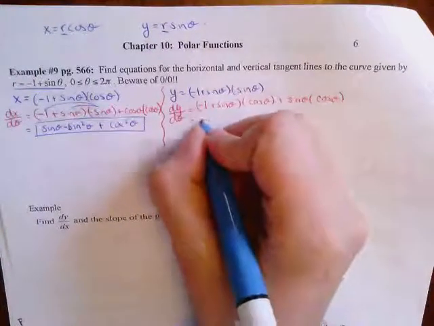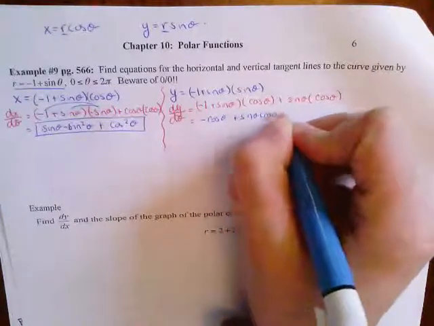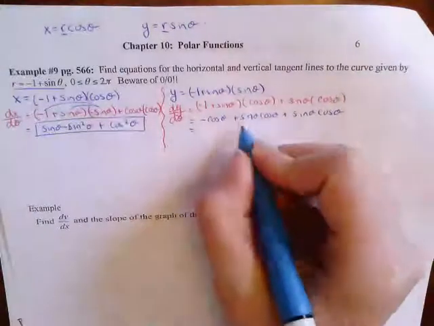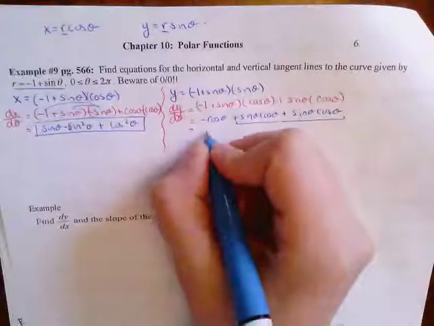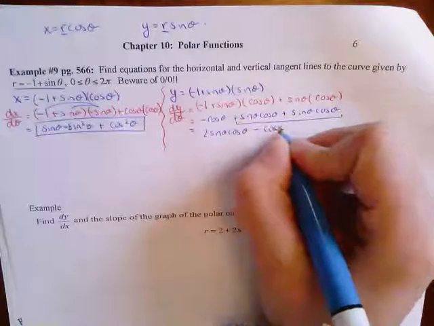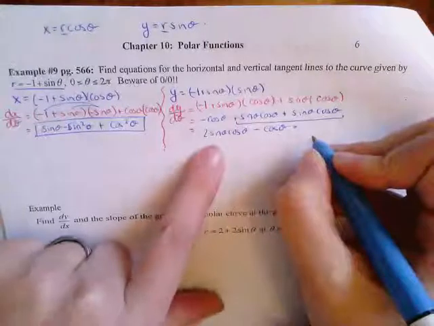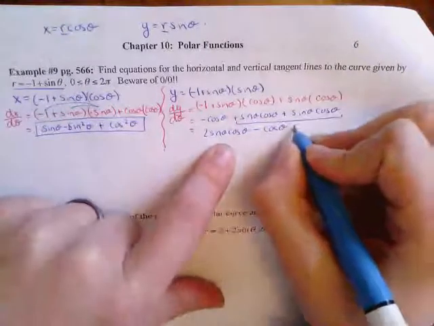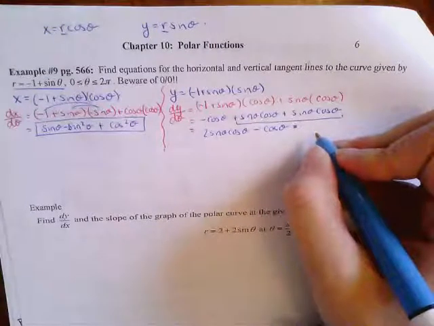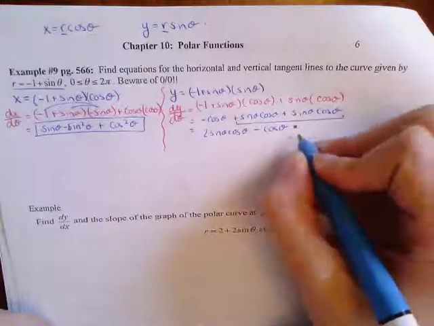And we're going to get negative cosine of theta plus sine theta cosine theta, plus sine theta cosine theta, which you can see that these two can be combined as 2 sine theta cosine theta, minus cosine theta. And really, you notice that both of these terms have a cosine theta, so you definitely want to simplify it because it makes it easier when you're setting one of the derivatives equal to 0. You'll see what I mean when we do this.